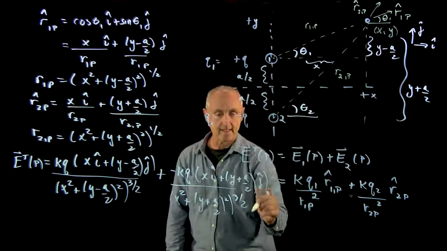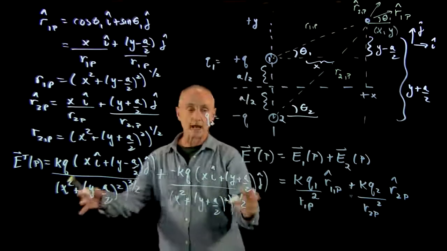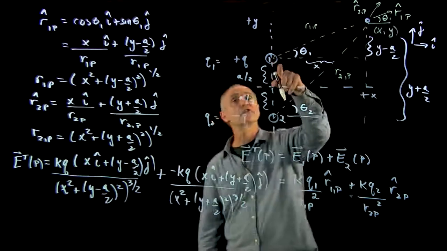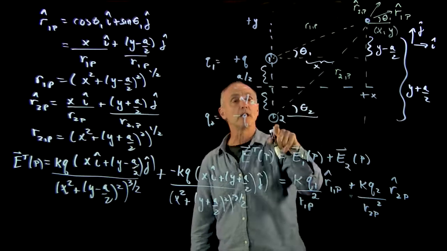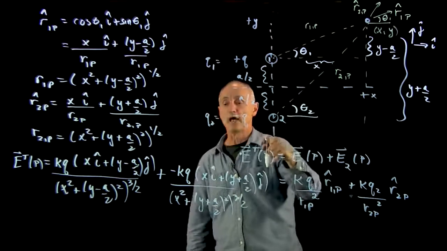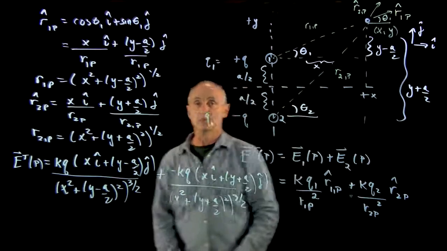And there is our total electric field for this configuration of a positive charge and a negative charge located on the y-axis, separated by a distance a.